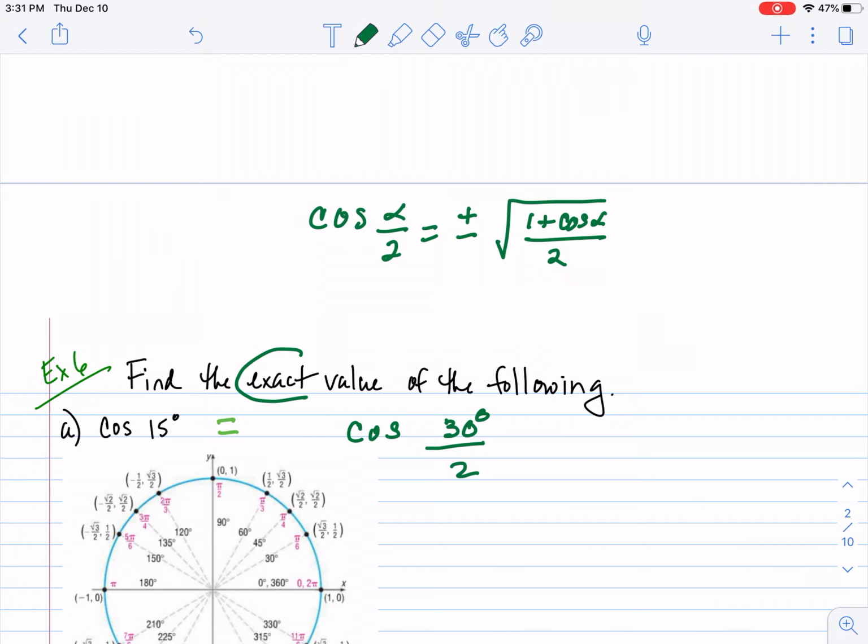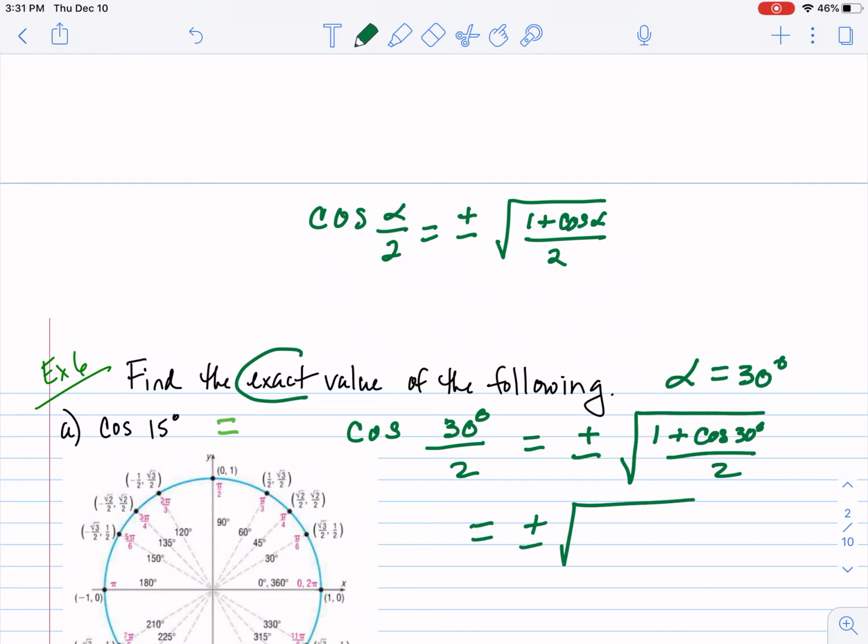So I just use my formula here. What's alpha in this case? Well, alpha in this case is going to be 30 degrees, right? So I need to say that that's equal to plus or minus the square root of 1 plus the cosine of 30 all over 2, which is equal to plus or minus the square root of 1 plus, what's the cosine of 30? The cosine of 30 is rad 3 over 2.